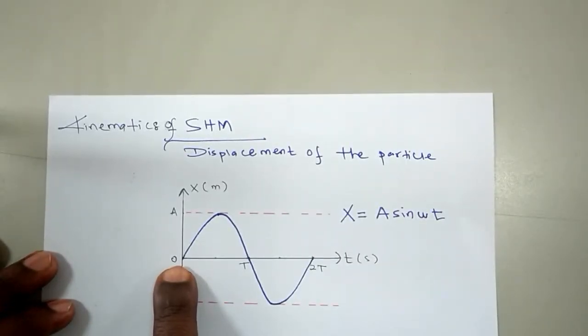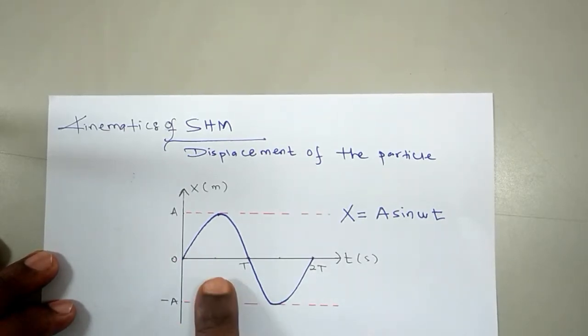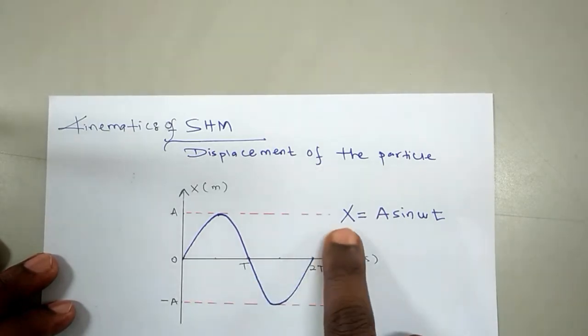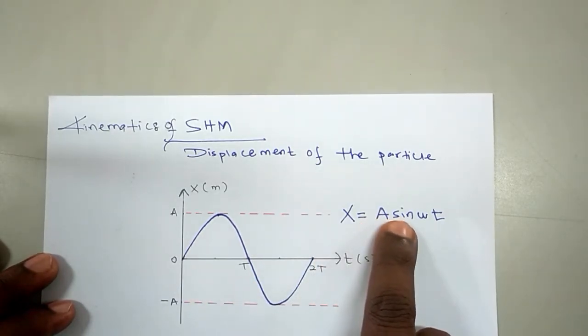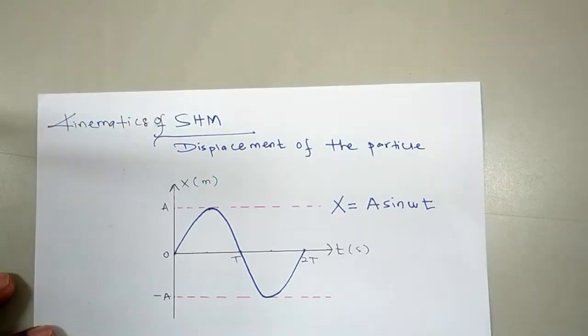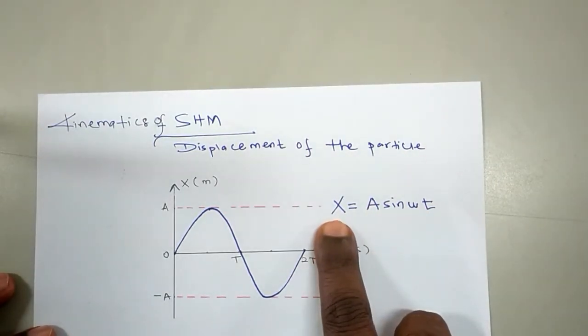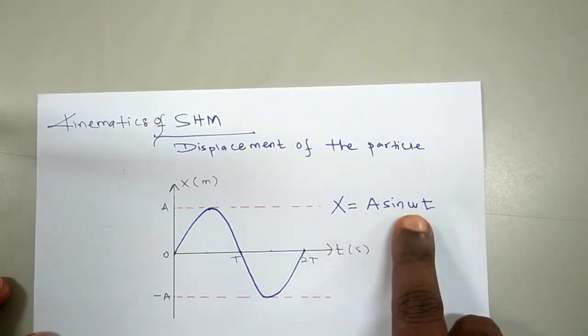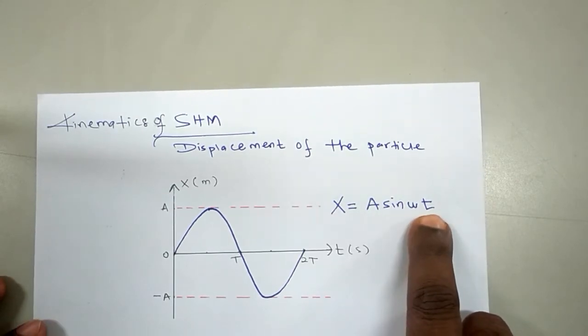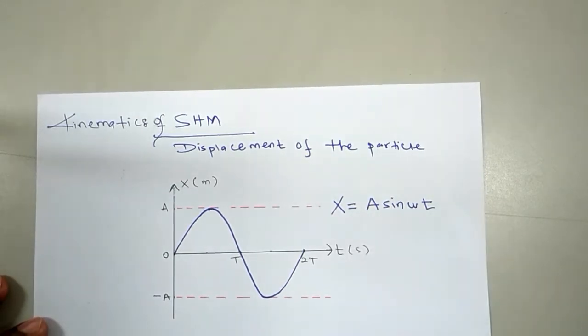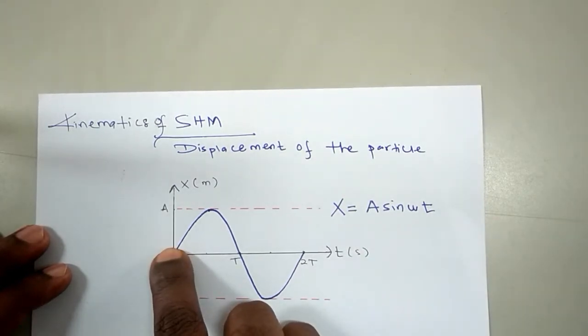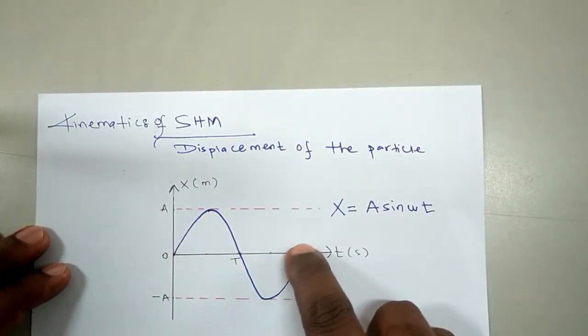At time t equals 0, displacement x equals 0. The graph shows the displacement x of the particle after a time t given by x equals a sin omega t. x is displacement, a is amplitude, omega is the angular frequency or angular velocity, and t is the time taken of the particle. You will get a beautiful sinusoidal graph.